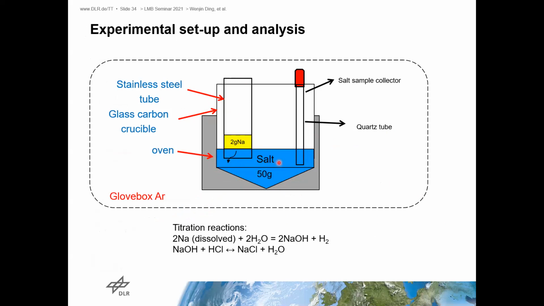We did several measurements, and usually after 1 hour the solubility is already the highest. Then we do the titration measurement. We put the salt and dissolve it in water, and it has such reactions. Sodium hydroxide will be produced, and we use HCl to do the titration. Then from the titration value, we can know the sodium metal solubility.